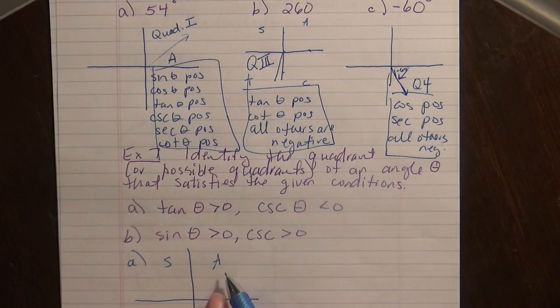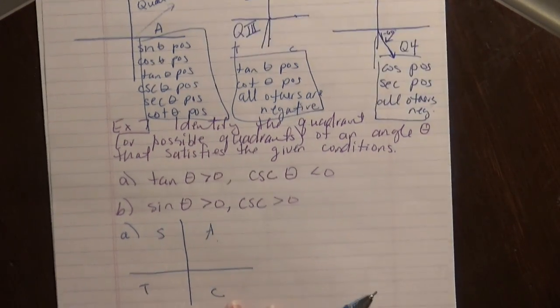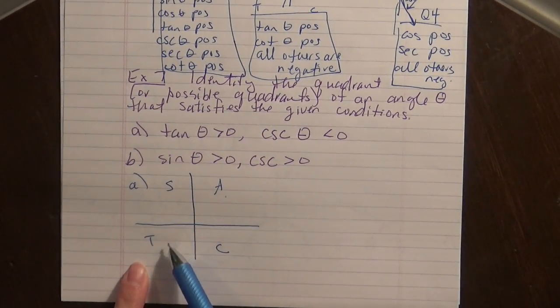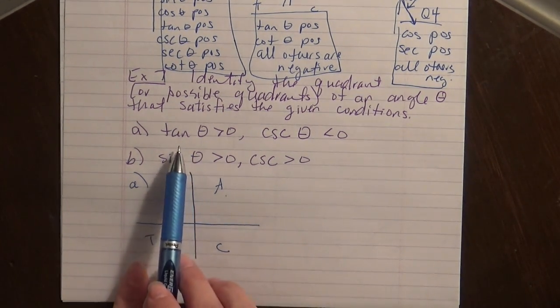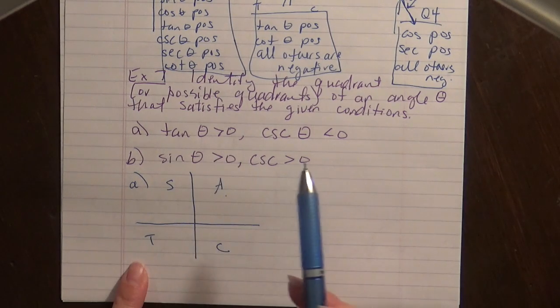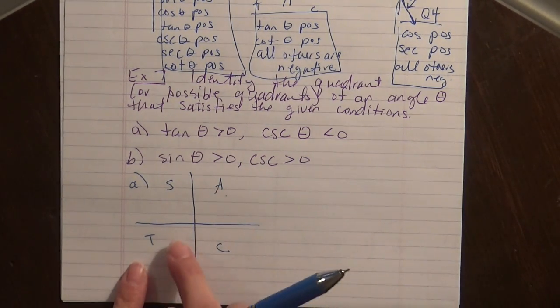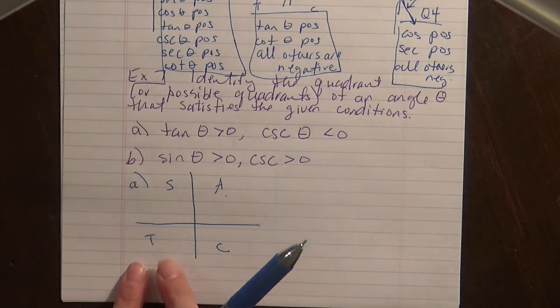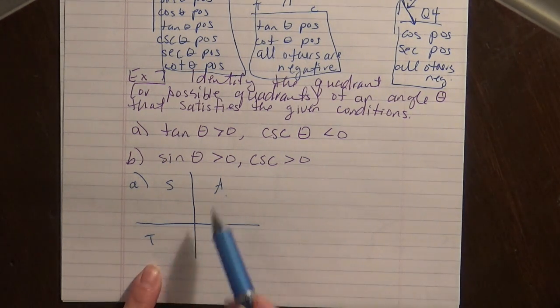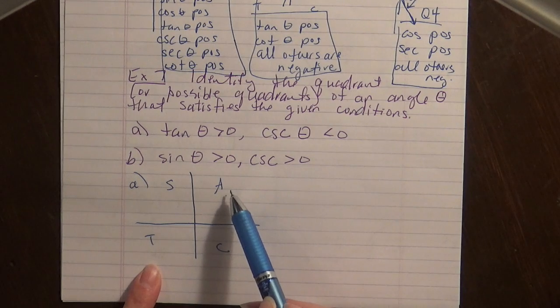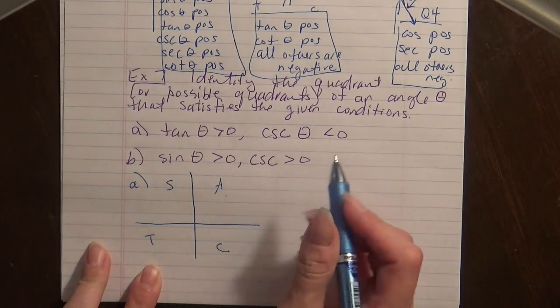So that means it's either going to be quadrant 1 or quadrant 2. I'm sorry, I said that wrong. If tangent is greater than 0, that puts us either in quadrant 1, where all the trig functions are positive, or it puts us in quadrant 3, where only tangent and cotangent are positive. So we've got it narrowed down to quadrant 1 or quadrant 3.